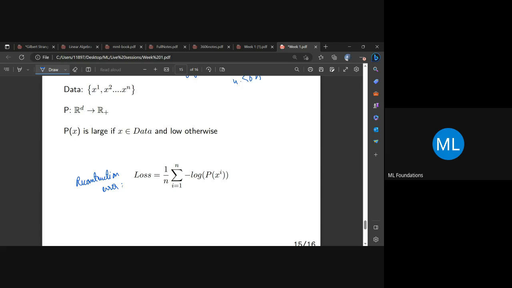This is how you define the loss here, that is 1 by n minus of log p of xi. Negative log likelihood.